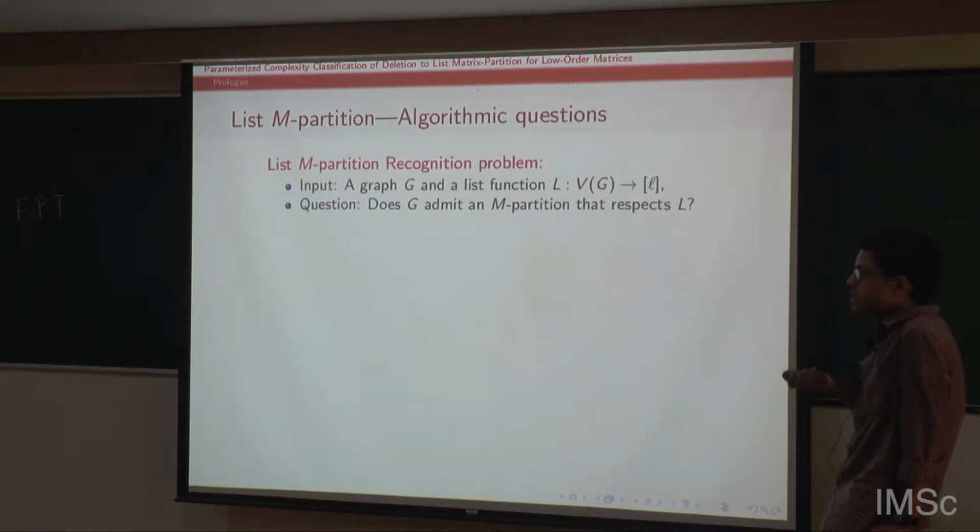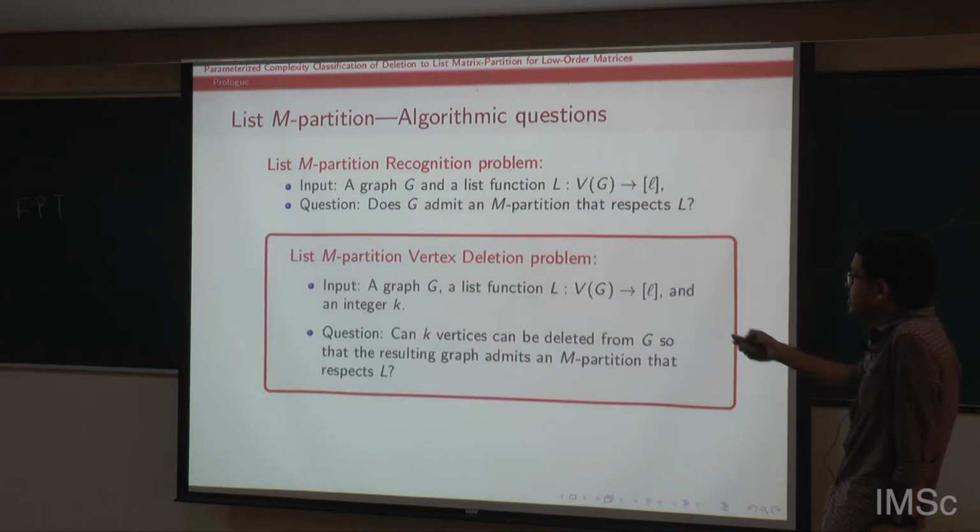So again we come to our algorithmic questions. One is the recognition problem, where the input consists of a graph and a list function, and the question is, does this graph have a list partition that respects the given list?